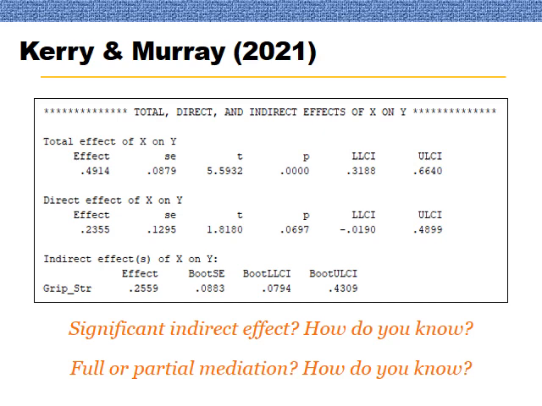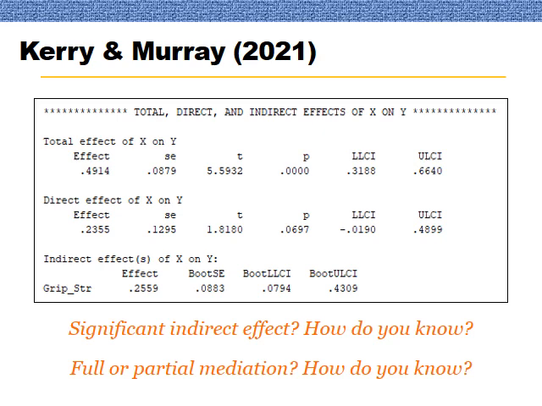We have a non-significant direct effect, 0.24, with a large p-value. And we have a significant indirect effect, 0.26, and we know that the indirect effect is significant because the confidence interval, which stretches from 0.08 to 0.43, does not include 0. In other words, both of those numbers are positive.